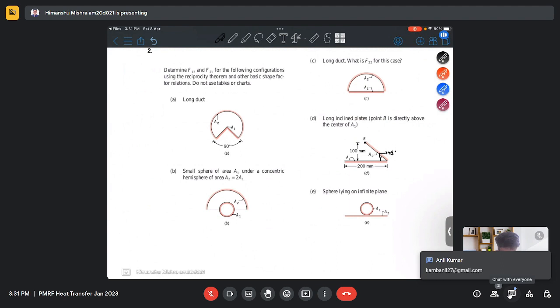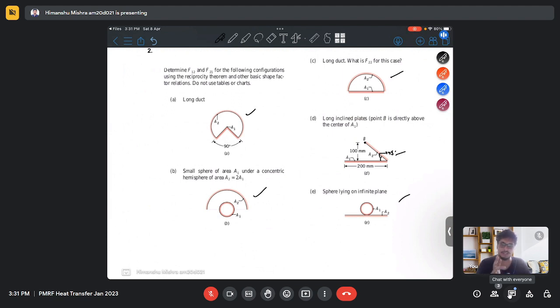So in this question, we are given different kinds of arrangements, different geometries, and we need to find all the shape factors. Basically, the shape factor between surface 1 and 2, without using any table, any empirical correlation, or any graphs. So here we will be using analytical techniques only to find the shape factor. We will be using some assumptions because we need one shape factor.